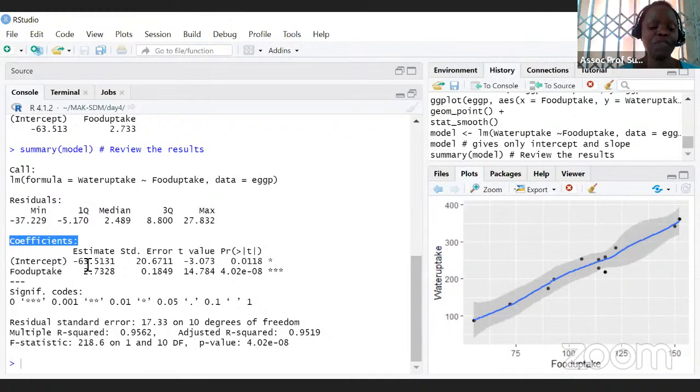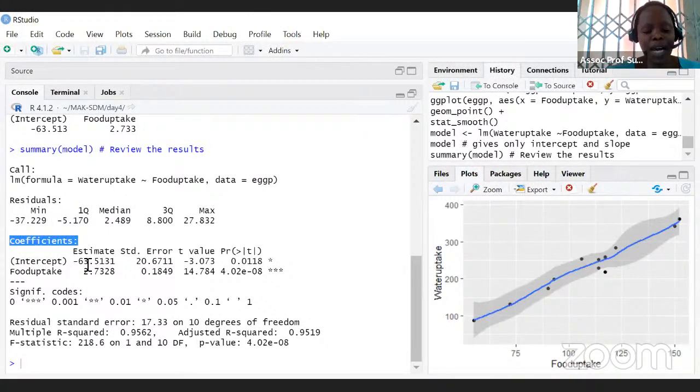I repeat, for every unit food uptake taken by the bird, the same bird takes in more water by 2.733, or the water uptake increases by 2.733. For every unit increment in food uptake, water uptake increases by 2.733. Why increase? Because the value of the slope is positive.